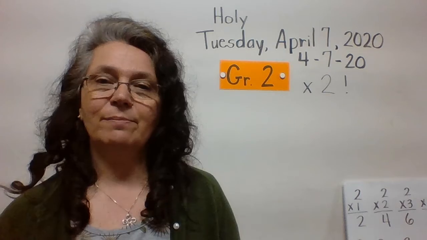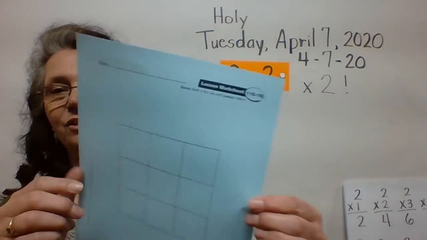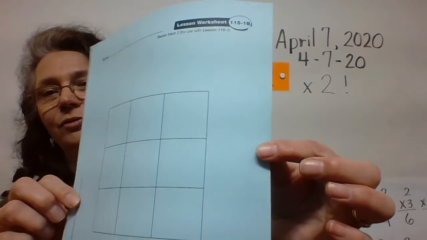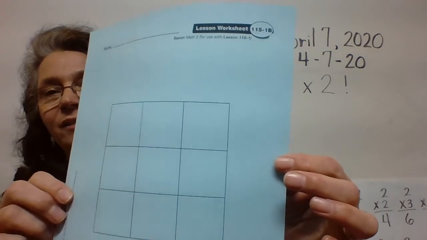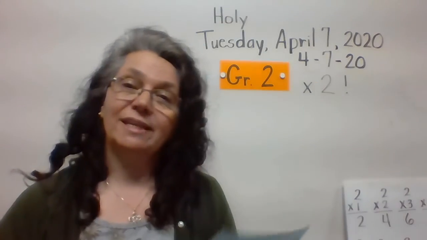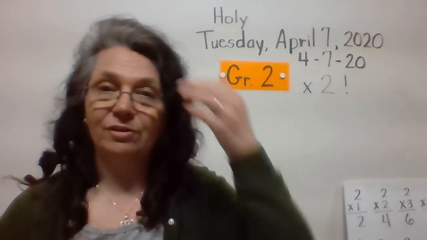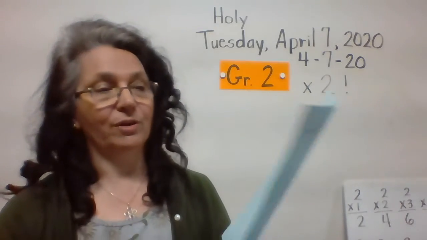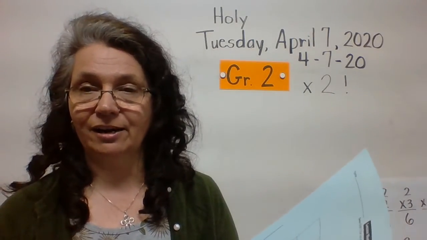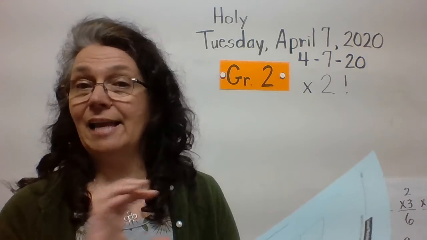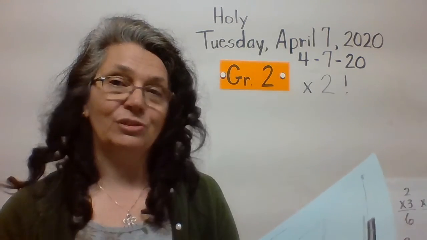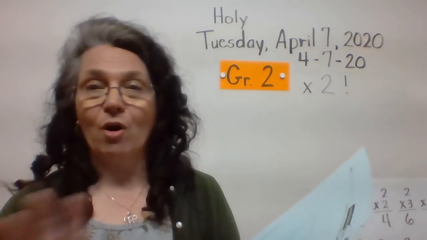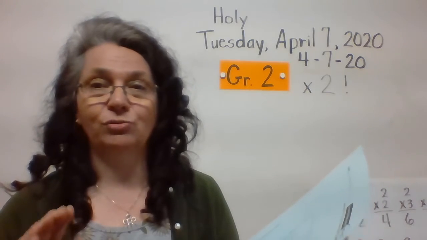And so on the back of one of your pages, you had a little grid like this with 9 squares. And what that is for is if you would like to play a bingo game with your multiplication facts. So what you would do is you would make up some fact cards, 2 times 1, and not put the answer on. 2 times 2, 2 times 4, all of those, okay, going up to 2 times 10.